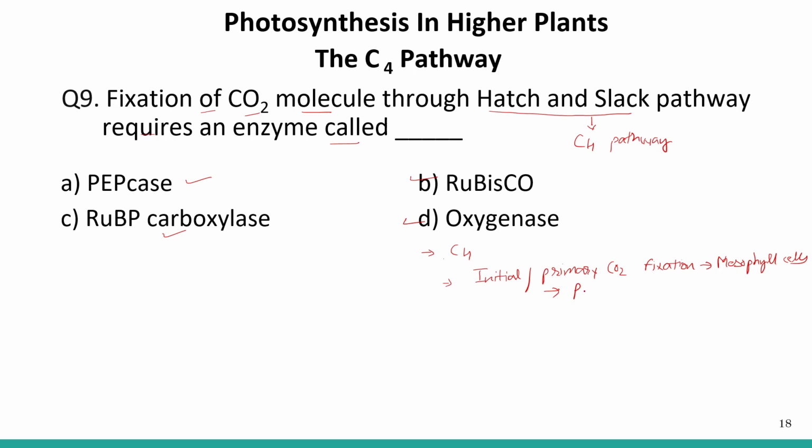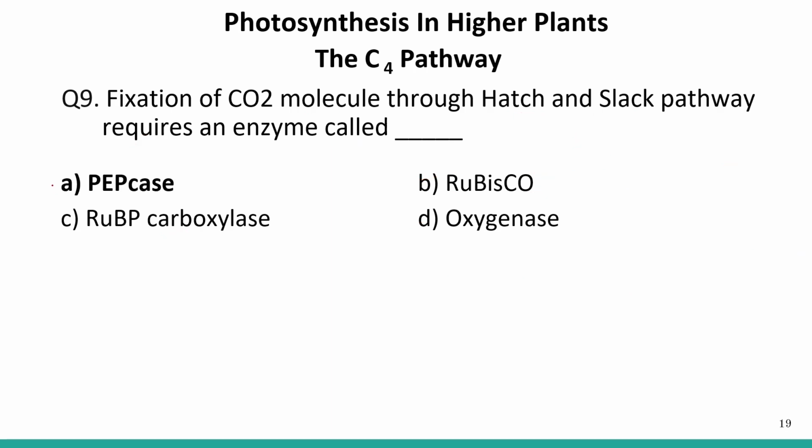PEP carboxylase. Okay, now the secondary, we know that the secondary or the second carbon dioxide fixation takes place in the bundle sheath cell, okay, where Rubisco enzyme is present. Okay, so what should be the answer here?